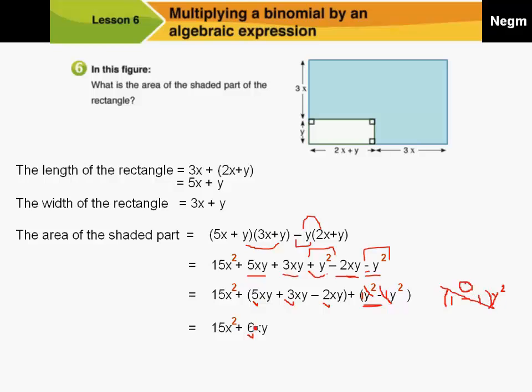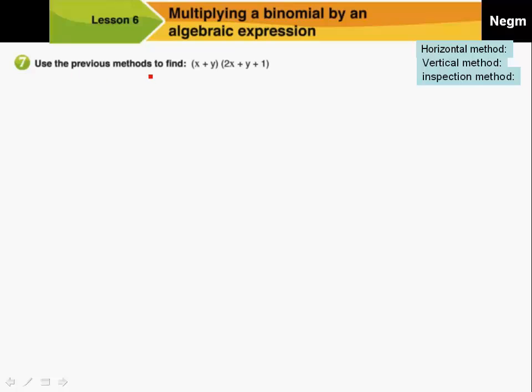We don't write 0. Use the previous method to find x plus y times 2x plus y plus 1. We have seen we have three methods, which are horizontal method, vertical method, and inspection method. We start with the horizontal method.